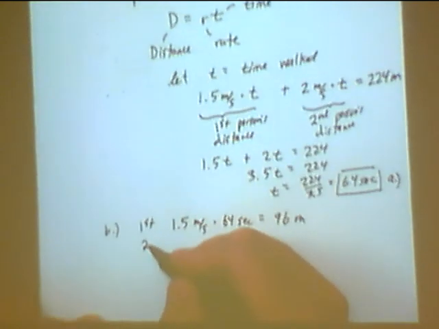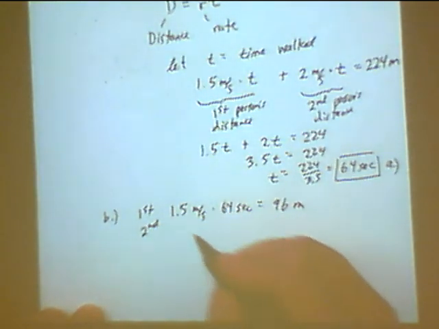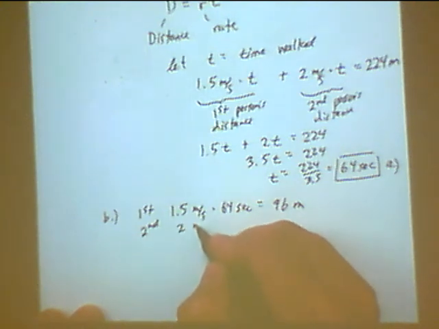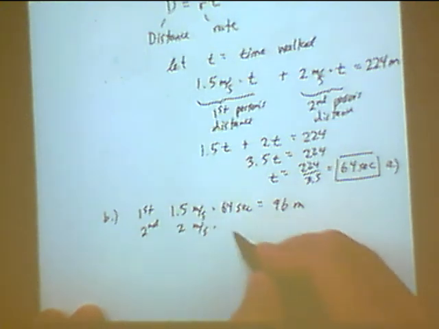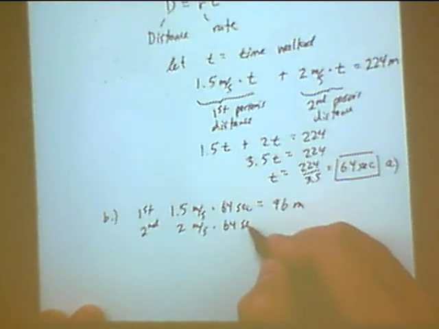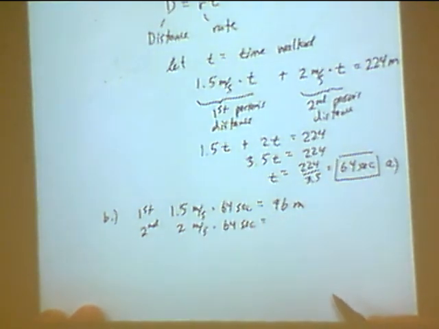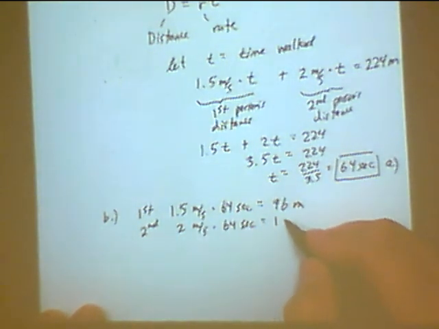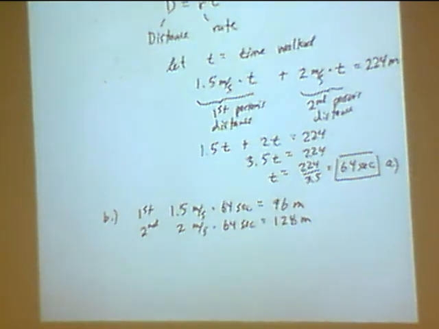And then the second person, they were walking at 2 meters per second, and they also walked 64 seconds. So 2 times 64 is 128 meters. And now we have answered both questions that they asked.